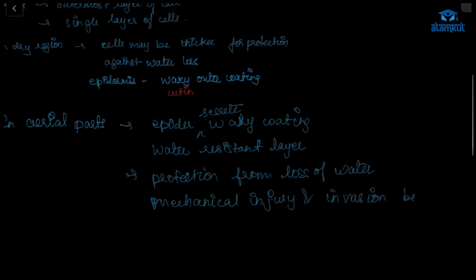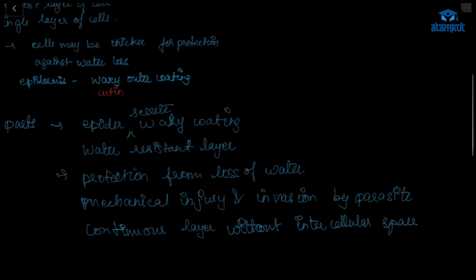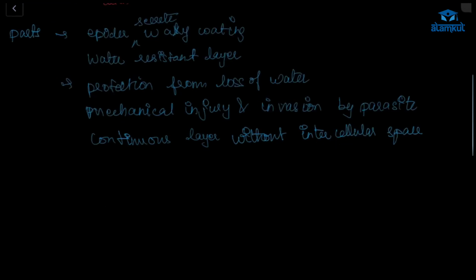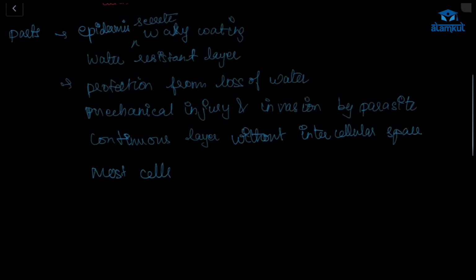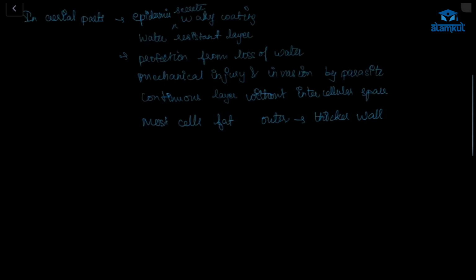And this layer is a continuous layer without intercellular space, and most cells are flat. Their outer wall is thicker. Okay. In the roots, they help in water absorption. They have long, hairy parts, so this will increase the surface area.